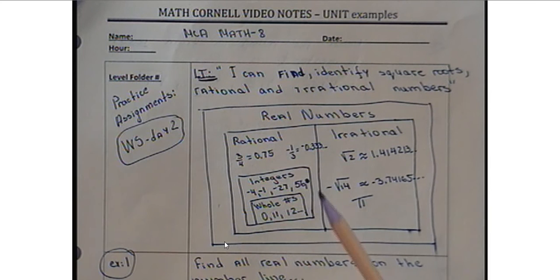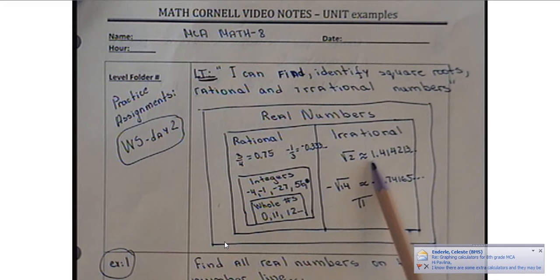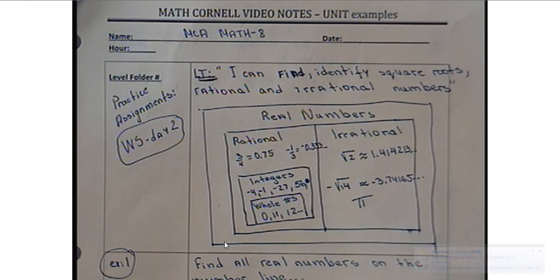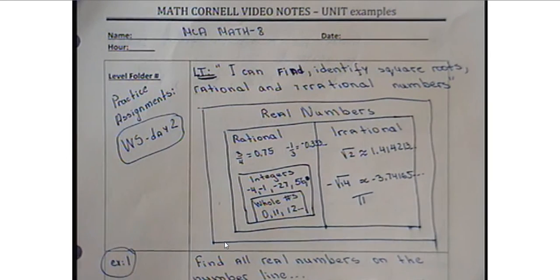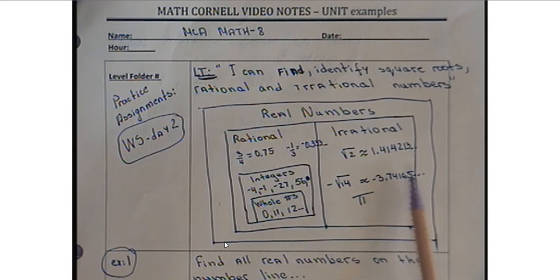Irrational numbers are the rare, kind of strange numbers we deal with. For example, the square root of 2 gives approximately 1.4142113. All the numbers after the decimal point are just random numbers. There is no pattern, they do not repeat. If we have negative square root of 14, that will be a negative number, and the same thing, 3.74165781234.